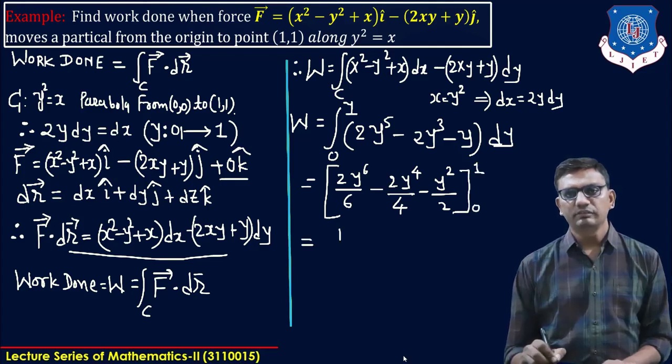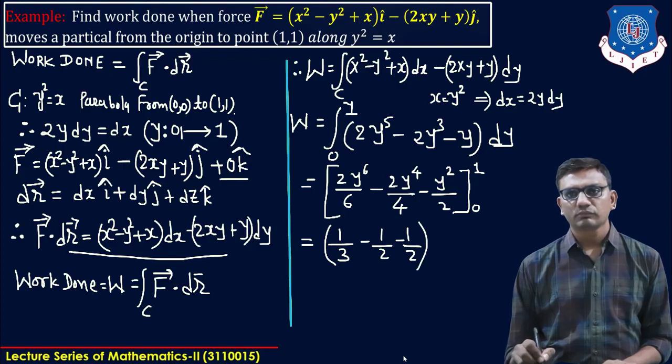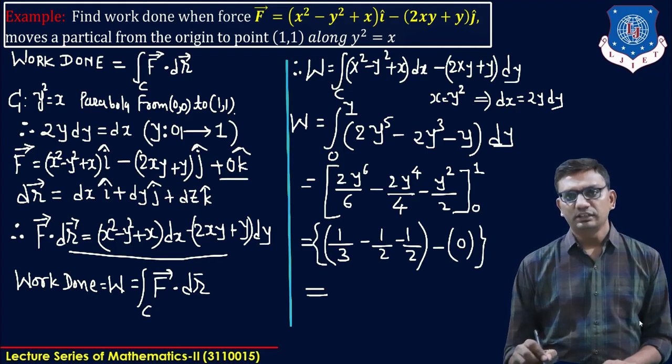After putting the limit, we have 1 by 3 minus 1 by 2 minus 1 by 2, minus lower limit is directly 0. So after simplifying, we get the work done by force F bar is minus 2 by 3.